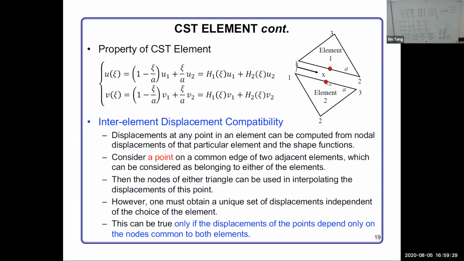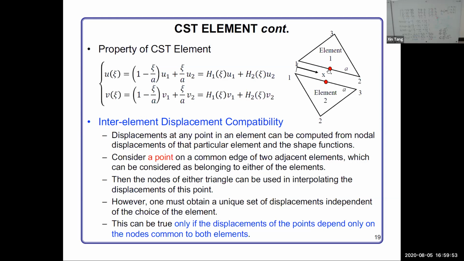Can they then be the same? The answer is yes, because around this line, this point only depends on these two end nodes. Also for this element, these two nodes, and these two nodes are shared nodes. They have the same displacement values and the same coordinates, and it has nothing to do with the remaining node.